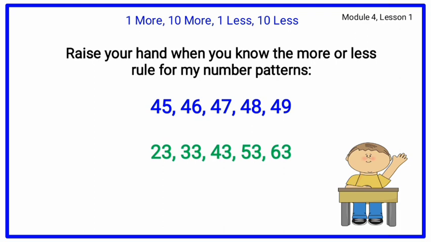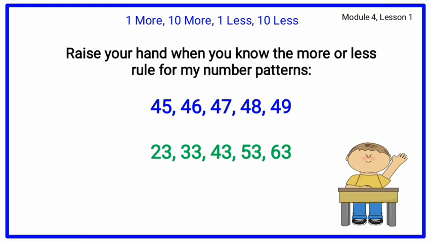My tens are actually reading 2 tens, 3 tens, 4 tens, 5 tens, 6 tens. So this number pattern is definitely not 1 more, neither is it 1 less. And since it is going in ascending order from small to big, this number pattern is 10 more. Is what? 10 more. Okay.